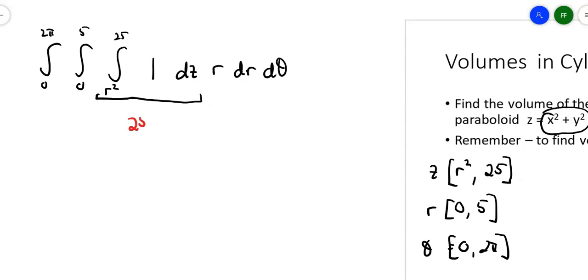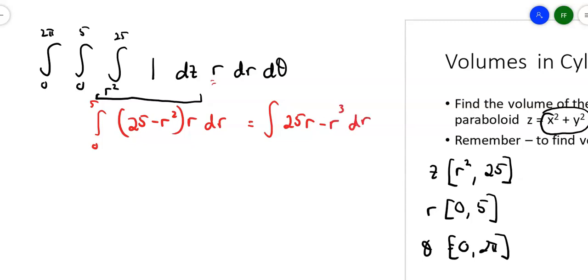Right, so I'll get 25 minus r squared, times r, don't forget that r dr, integrated from 0 to 5. Multiply out that r first before you integrate. You'll get 25r minus r to the third, and now actually perform the integration.